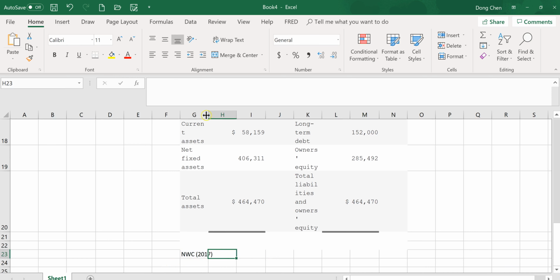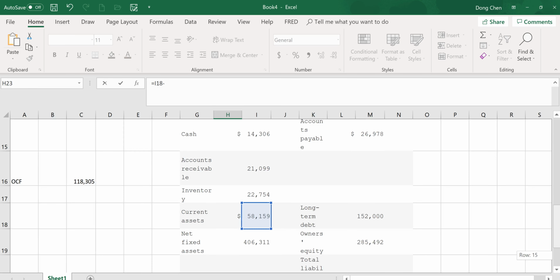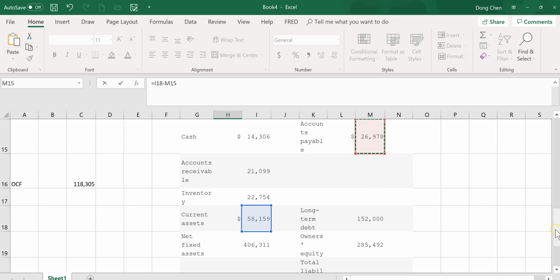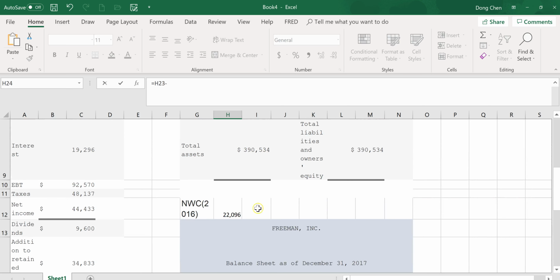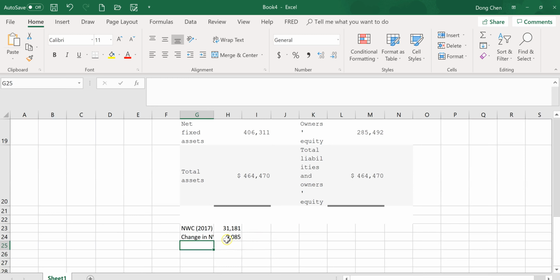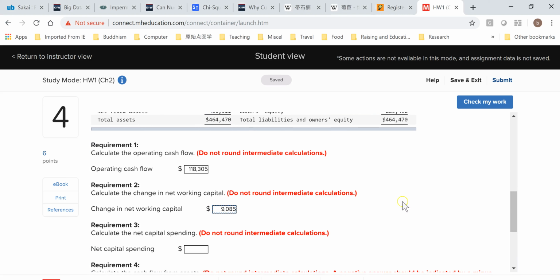This is current assets, it's right here, minus the current liabilities, which is the accounts payable. So that's the level, and then the change in NWC is simply the 2017 level minus the 2016 level. So we just copy this number back. That's the change.